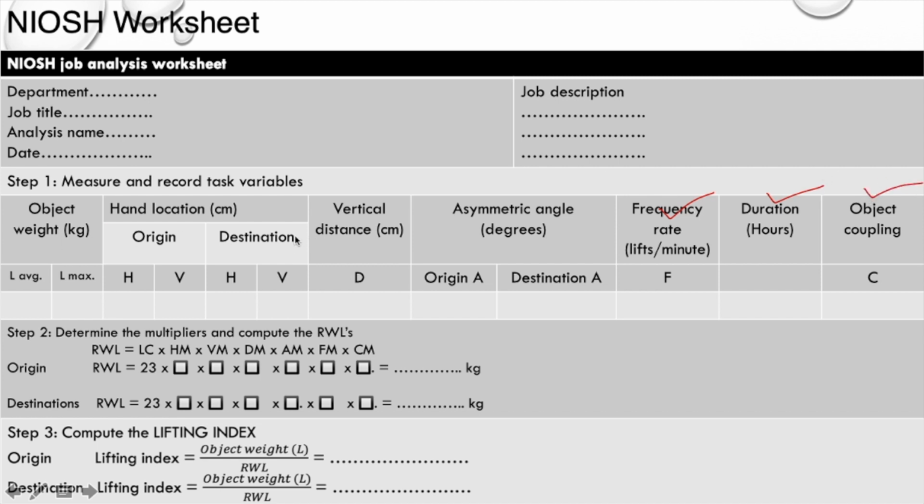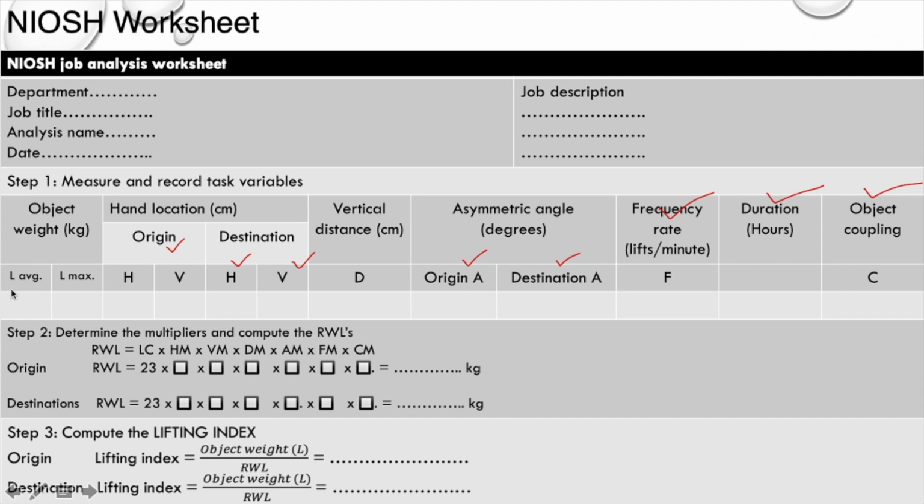So these are the factors. At origin, we have to see horizontal distance, vertical distance, and asymmetry. At destination, we have to see horizontal and vertical distance and asymmetry. Then the rest of the factors will remain the same for the job.